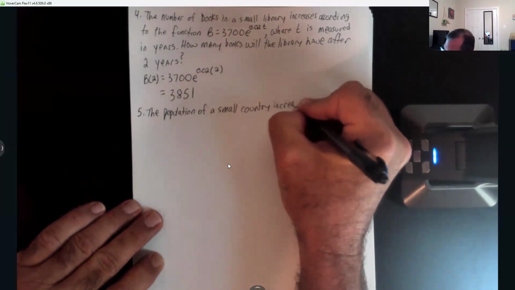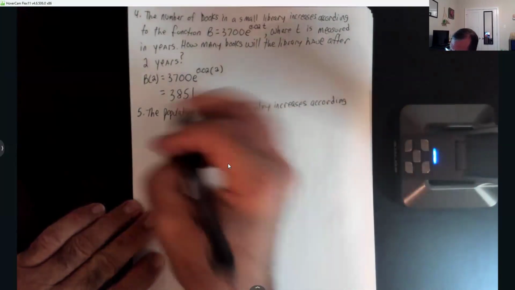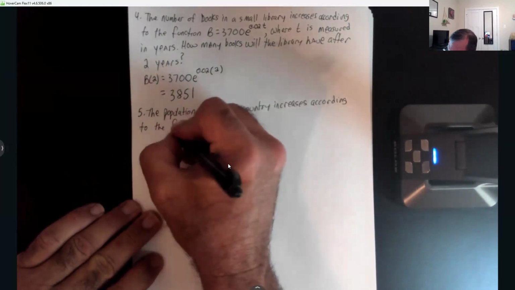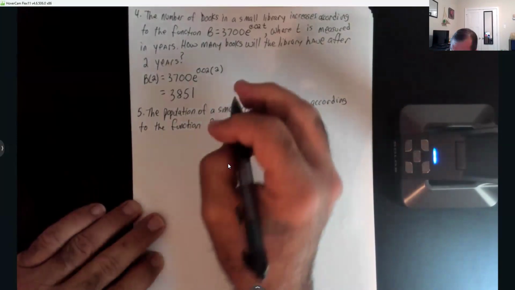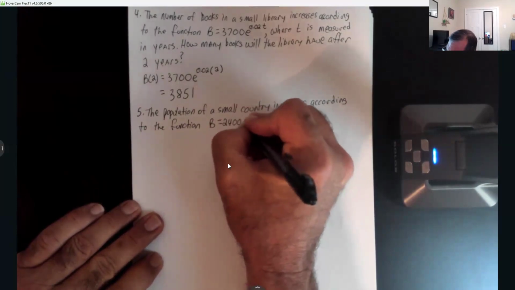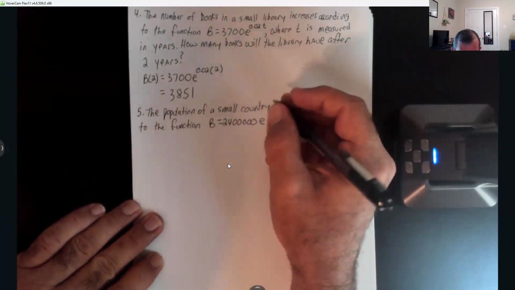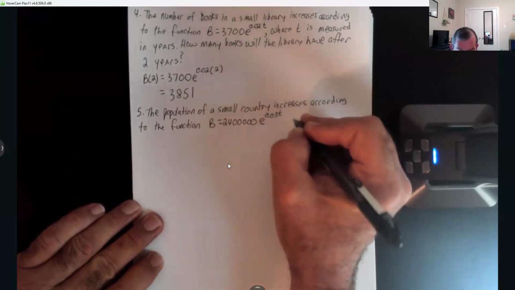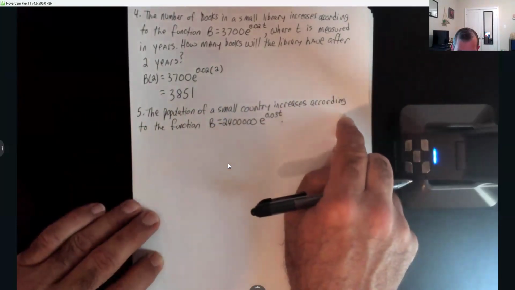It increases according to the function B equals 2,400,000 E to the 0.03 T, and then it says where T is measured in years again.